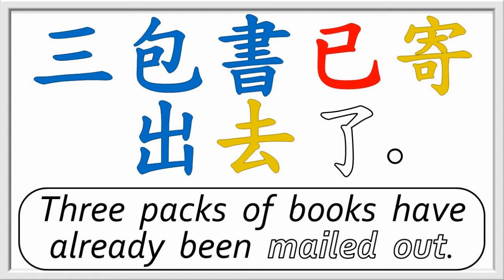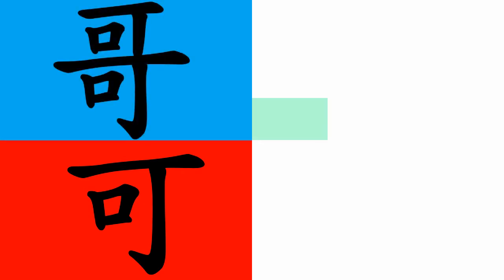An example, 3包书已寄出去了. 3 packages of books have already been mailed out. 寄出去了 means sent out. Here is our color chart with today's 7 characters: 可, 歌, 何, 河, 奇, 椅, and 寄.